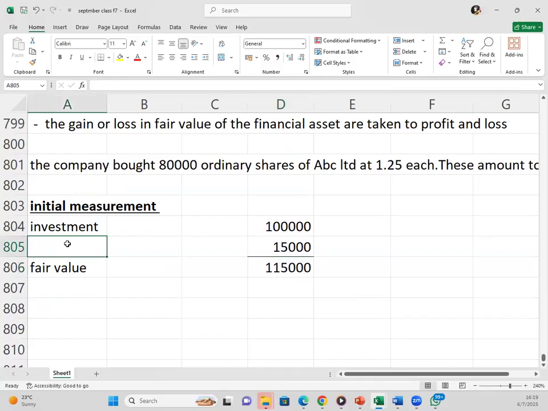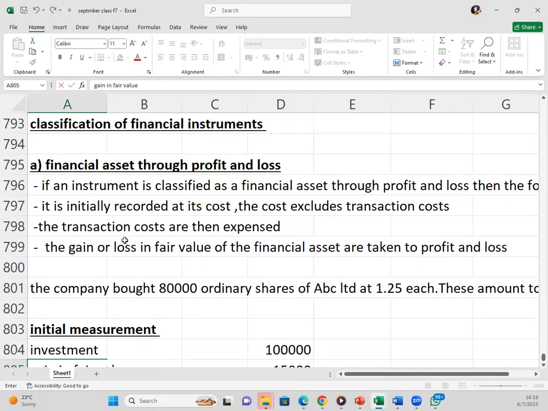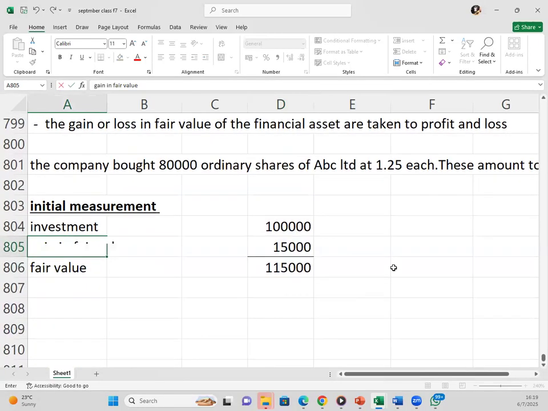If there is a gain or loss in fair value, it is taken to profit and loss.